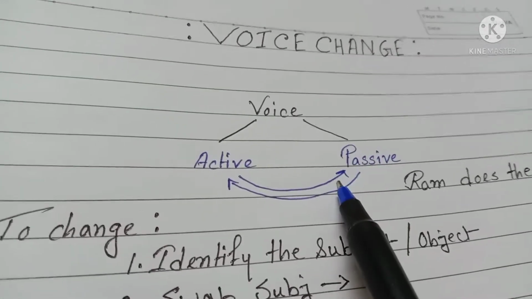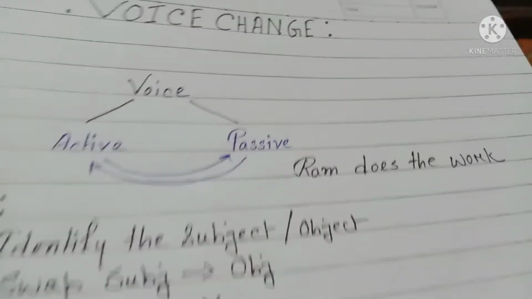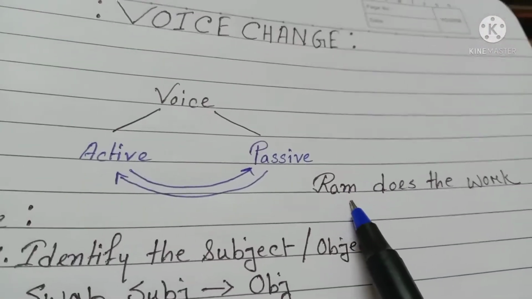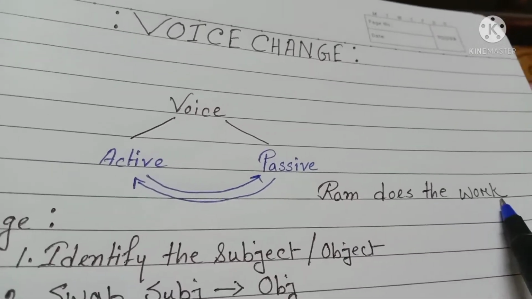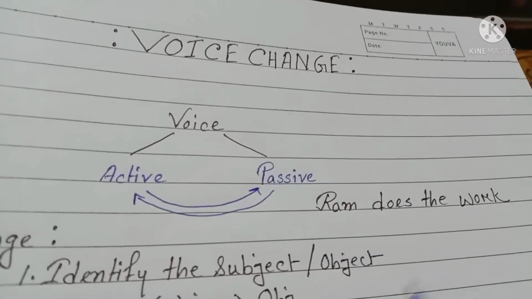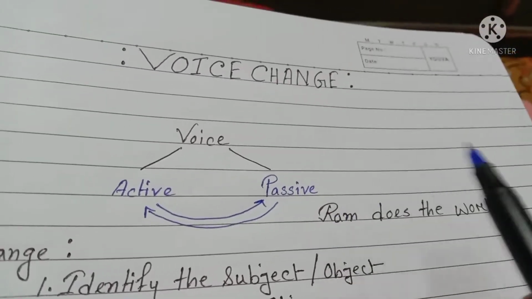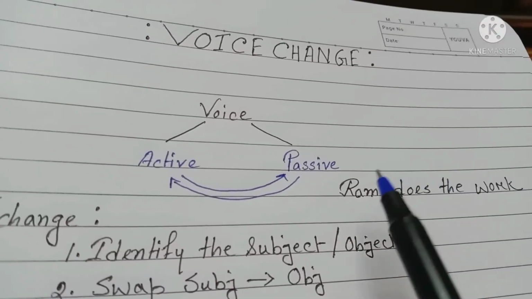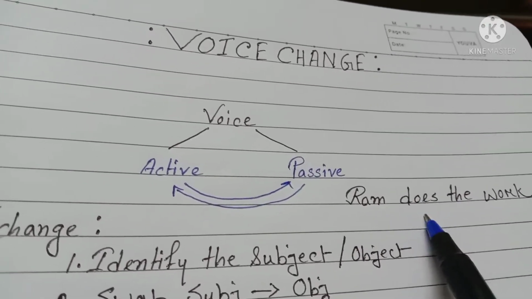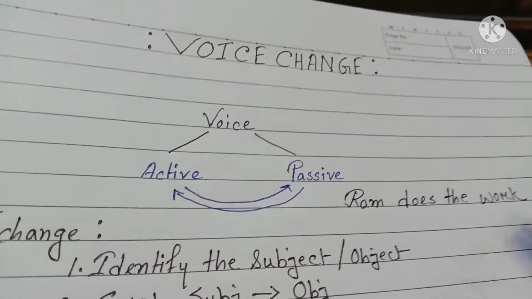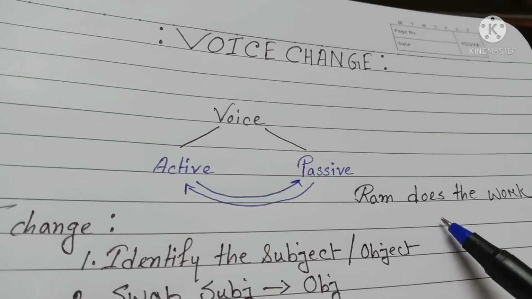Active voice is, for example, Ram does the work. In this sentence, Ram is the subject and Ram does this work. It means the subject does the action. Subject is doing something.